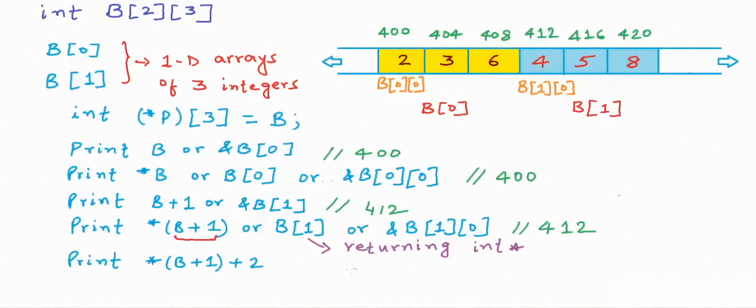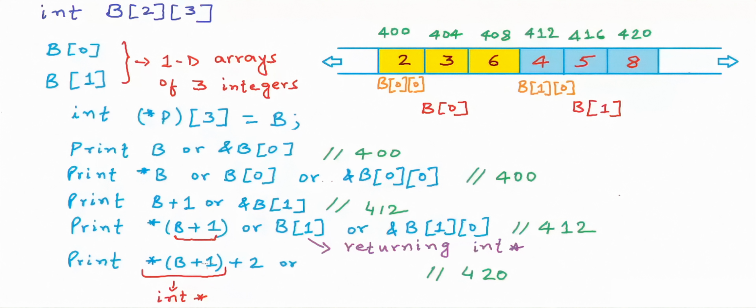Adding 2 here is performing pointer arithmetic because *(B + 1) is a pointer to an integer storing this address 412. Adding 2 is basically going to the address of the next to next integer, which means skipping 8 bytes and going to reference the integer at address 420.